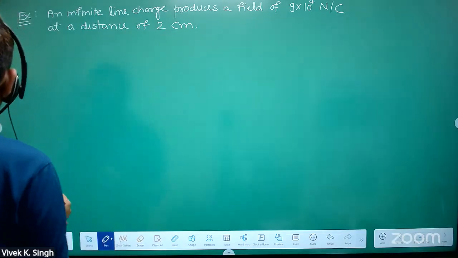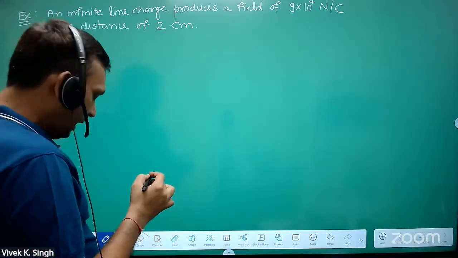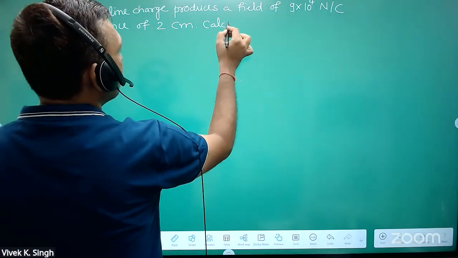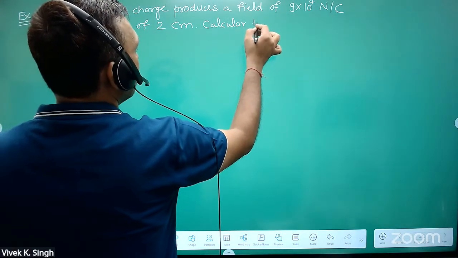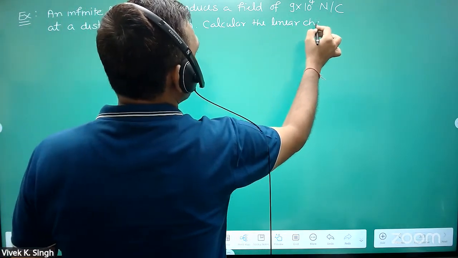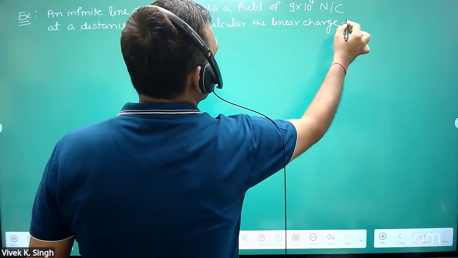At a distance of 2 centimeter, calculate the linear or line charge density.